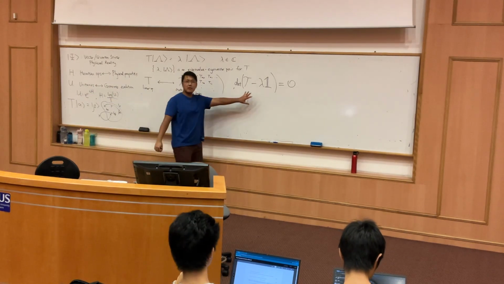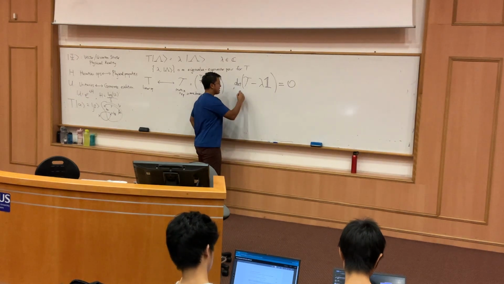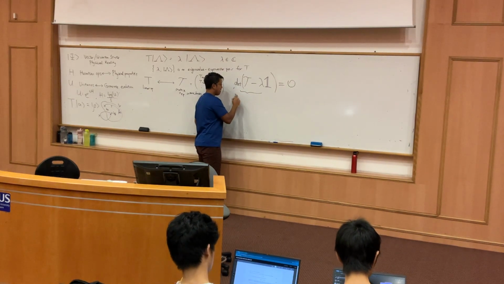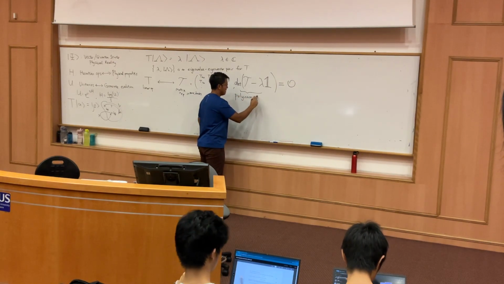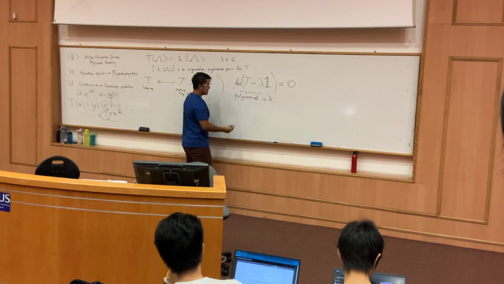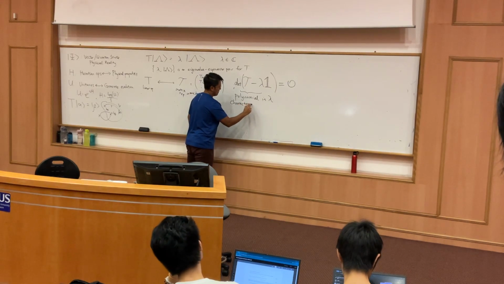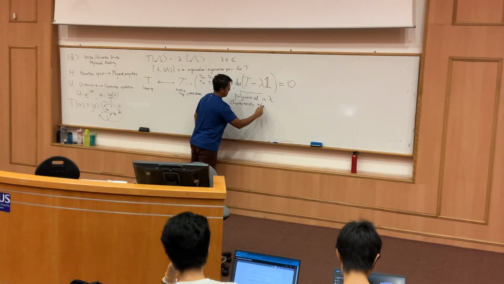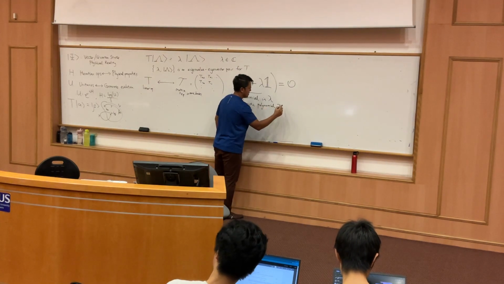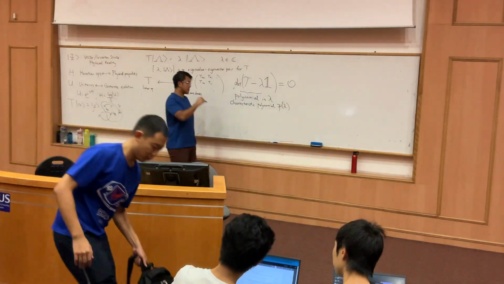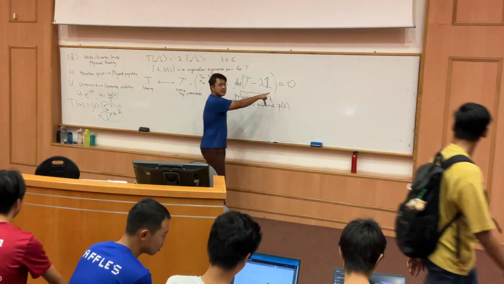On the left hand side, for any finite dimensional matrix, if you expand this, you'll get some polynomial in lambda, which is called the characteristic polynomial. So let's call this P of lambda. If you solve for the roots of this, you set this to be 0.